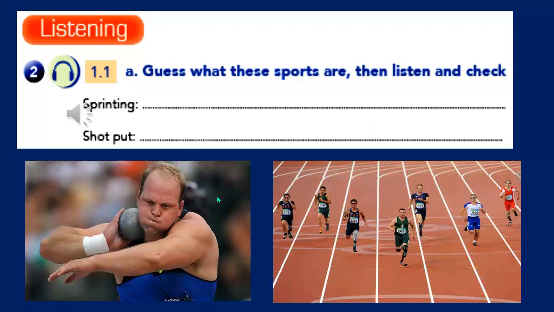So let's guess together. What's this sport? What about the second picture? So the first one, its name is shot put. The second one here, its name is sprinting. Okay? Now let's listen together.